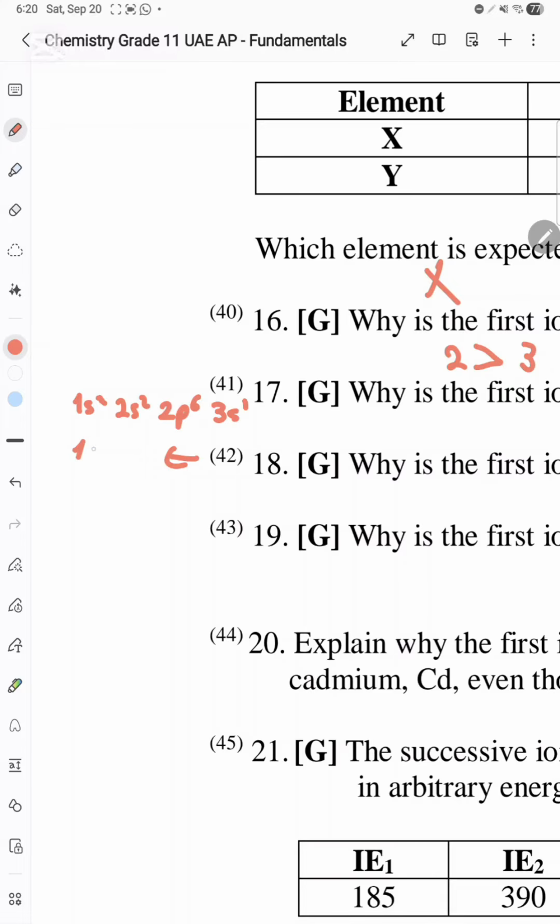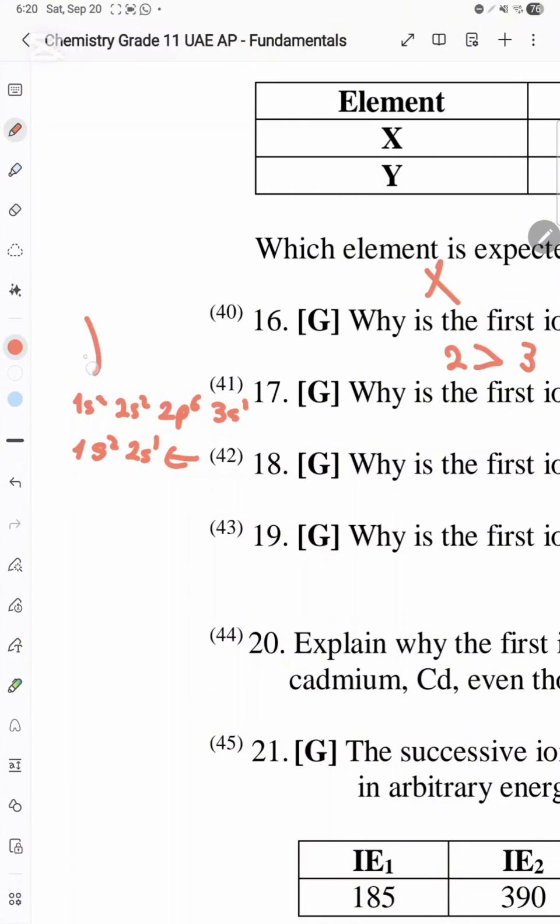Lithium is 1s2 and 2s1. Since this is the case, removing a 3s electron is way easier than removing a 2s electron, because 3s electrons are more shielded. Since they are more shielded, it's going to require less energy.